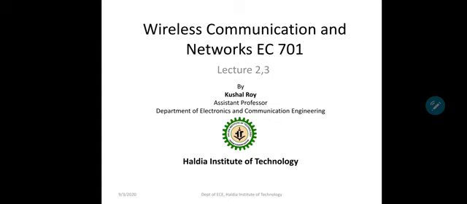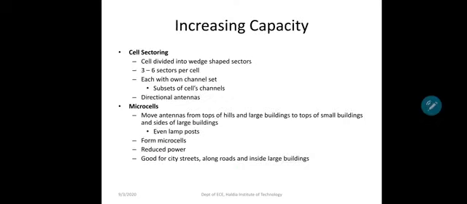In this particular lecture, I will cover how to increase the capacity of any particular cellular network. In order to increase the capacity, in the last lecture also I mentioned that the best way to do it is to reduce the cell size.